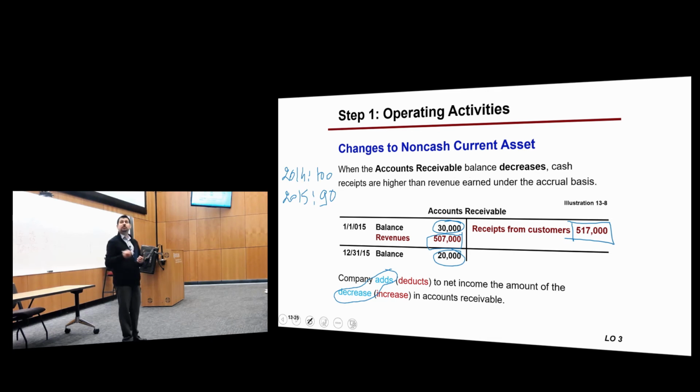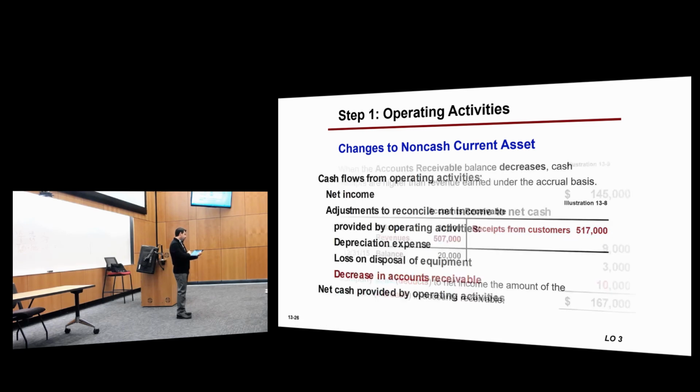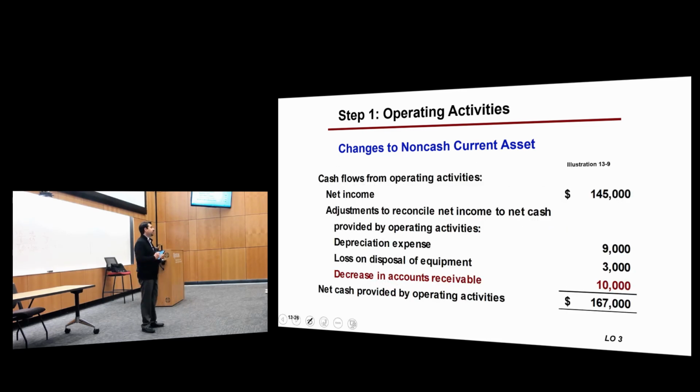As a result, they received less cash than they actually recorded as revenues, and this increase in accounts receivable will have to be deducted. In this example, you had a decrease in accounts receivable, so it will be added to net income.